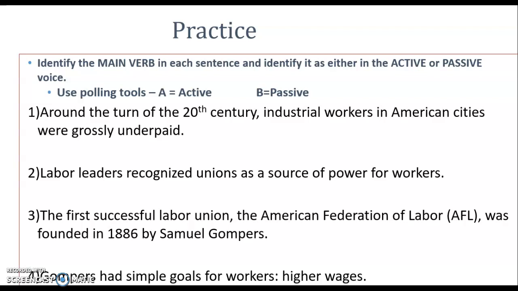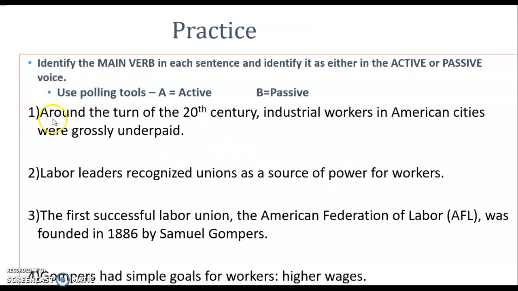I will do number one. When I finish showing you the first sentence, you will pause your video, write down sentences 2, 3, and 4, and try to go through the same process that I'm going to go through and identify whether it's active or passive.